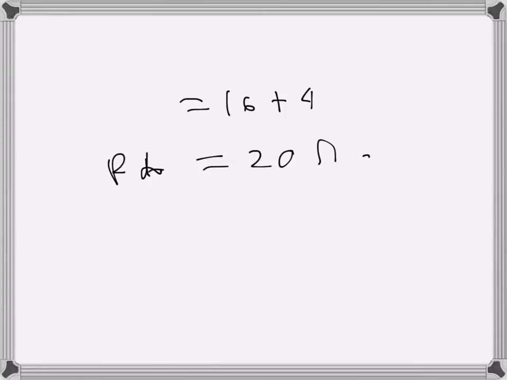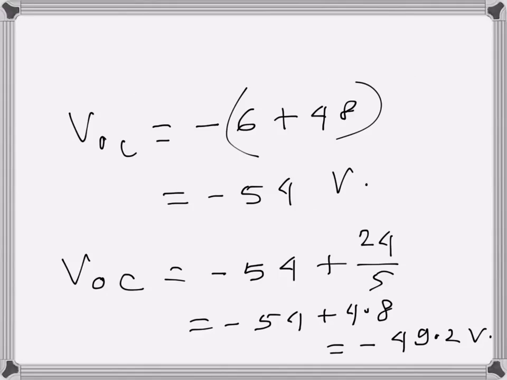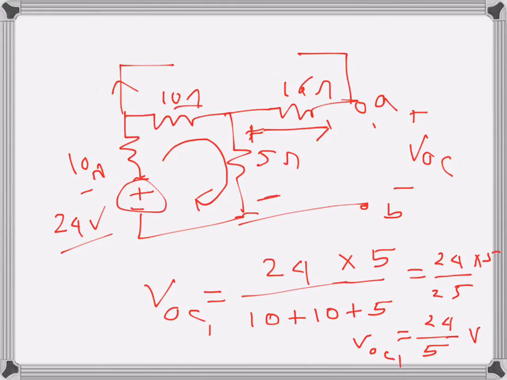So that's basically 4. So 16 plus 4, that's 20 ohms. So that's our R Thevenin for the circuit. So this is 4 ohms. So this is the Thevenin's equivalent circuit for those two terminals from the given circuit, from terminal A and B.